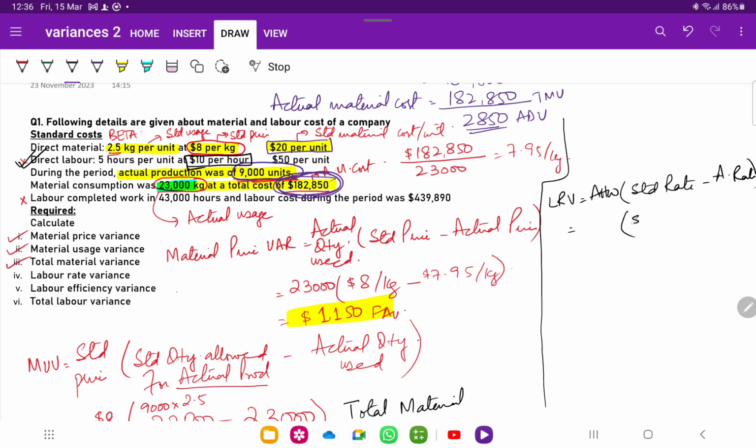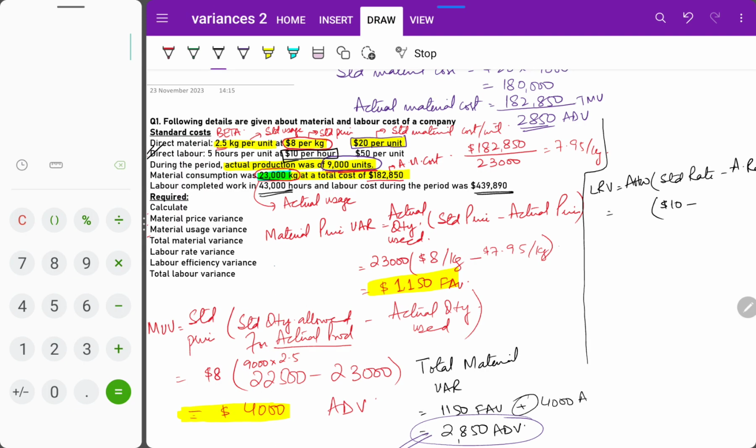For the actual wage rate, you have to divide labor cost with hours. Labor cost is 439,890 and labor hours are 43,000. If you divide 439,890 by the actual labor hours, which are 43,000, you will get the actual wage rate.